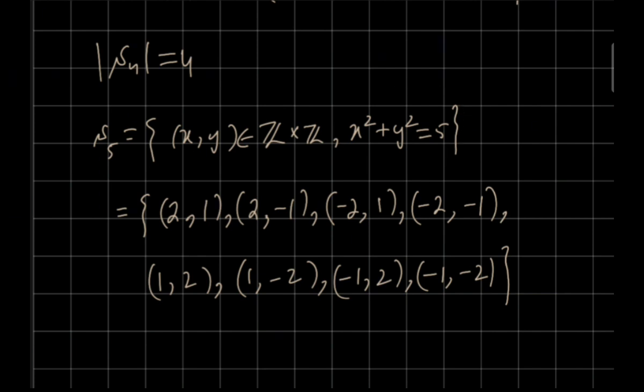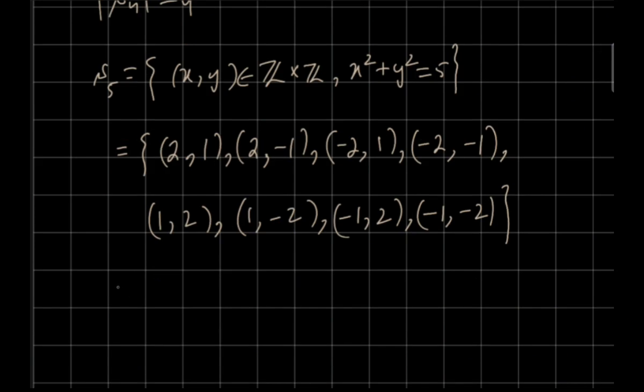There are only 8. Since we have found all of these, you can see that in S0, S1, S2, S3, S4 or S5, there is no element common in any of these sets. You can check, I have written down the elements before you.